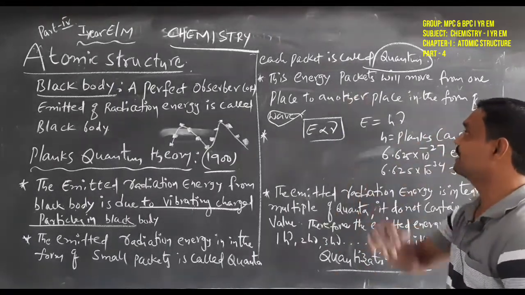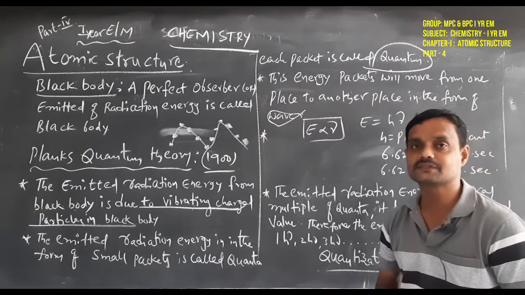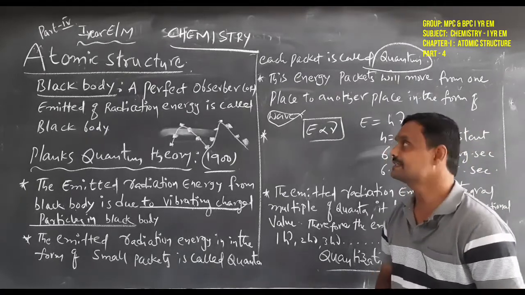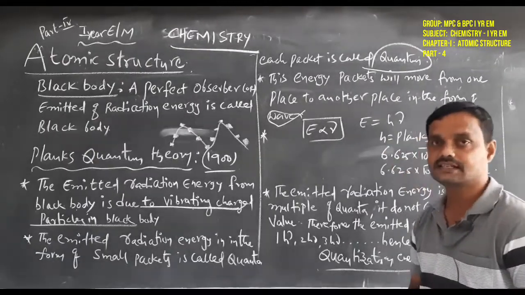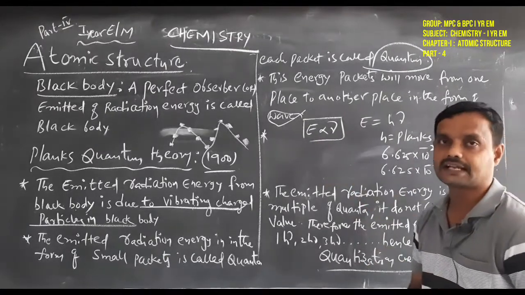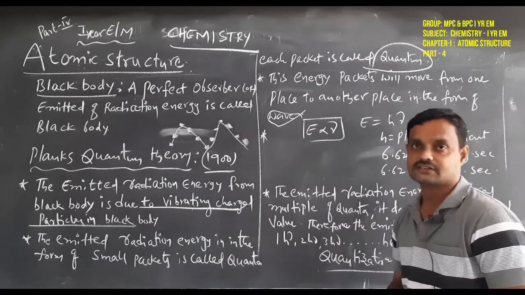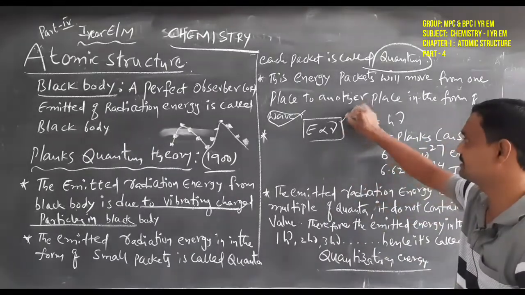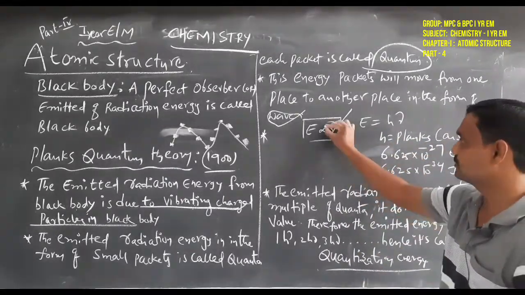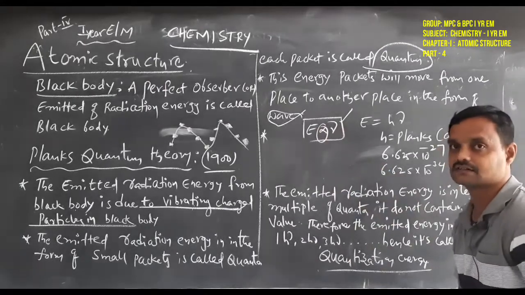And here each packet has a certain amount of energy. That energy of a packet is directly proportional to its frequency. So E is proportional to the frequency nu. When we remove the proportionality, we get a constant.